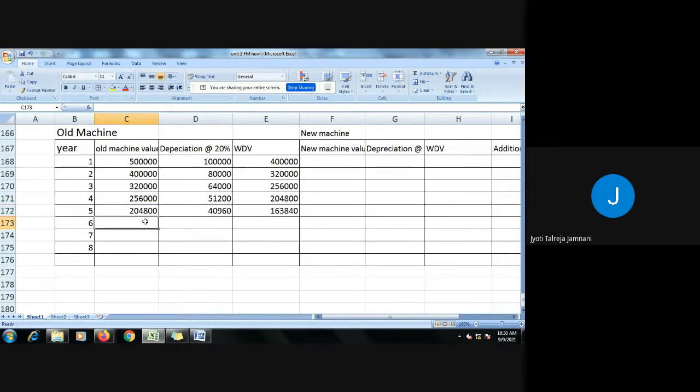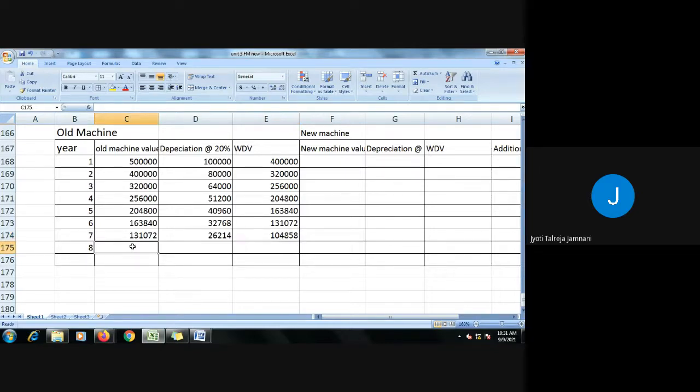Then on 1,63,840, we need to find 20% depreciation. We get 1,31,072. So on 1,31,072, we'll find 20% depreciation, which is 26,214, and we'll get 1,04,858.